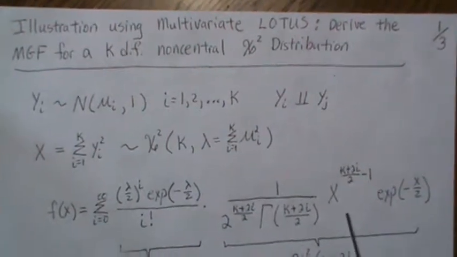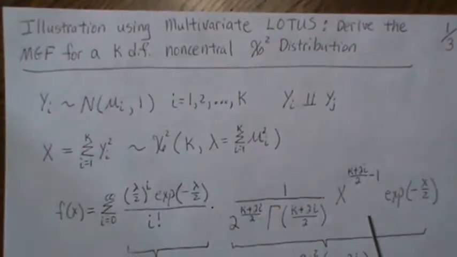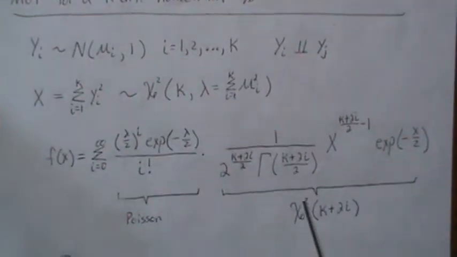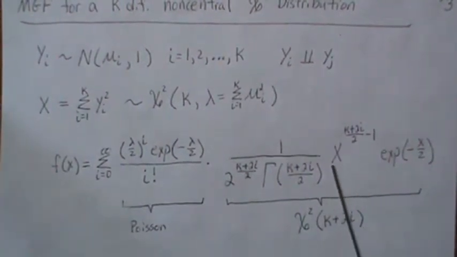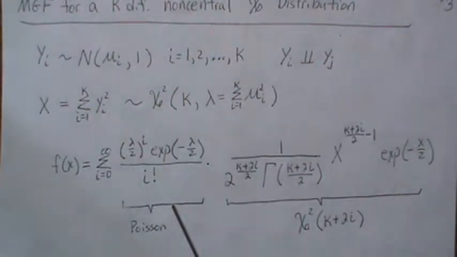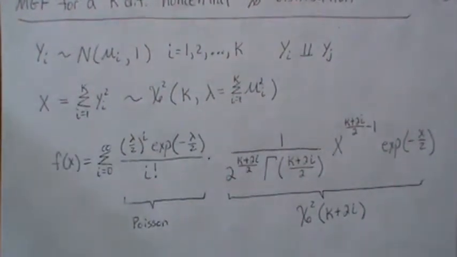Now this is the density, and really you can think of this as a chi-square distribution, and this is a Poisson, so it's a chi-square distribution with Poisson weights, which is how it's referenced in the literature.